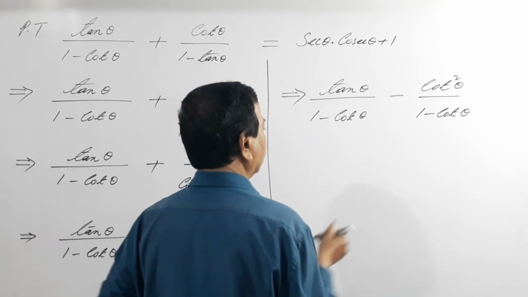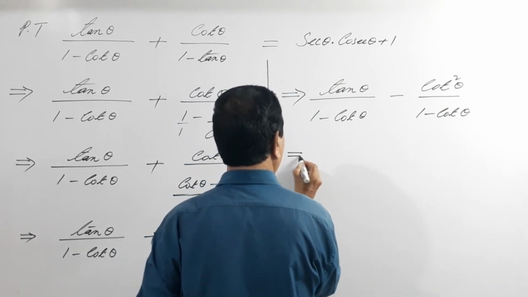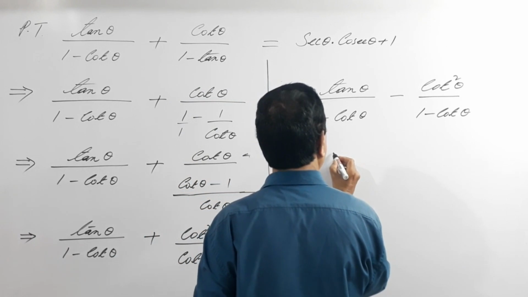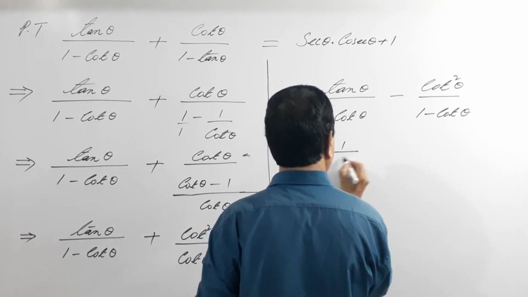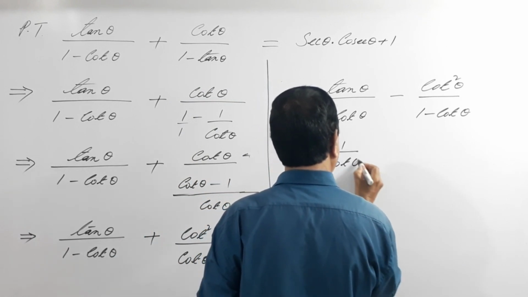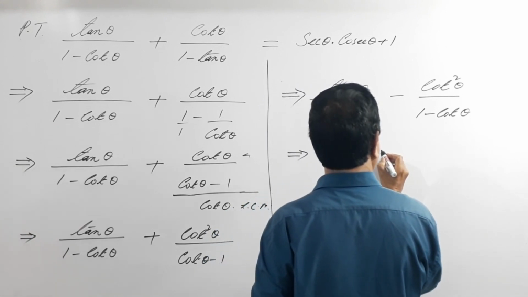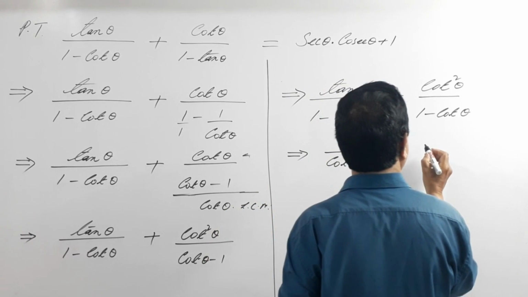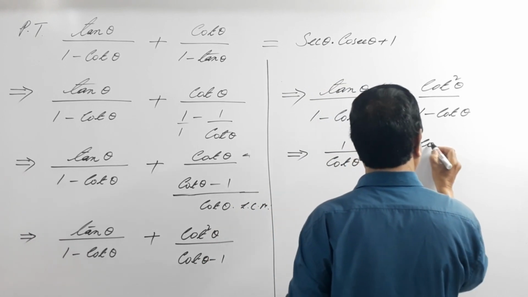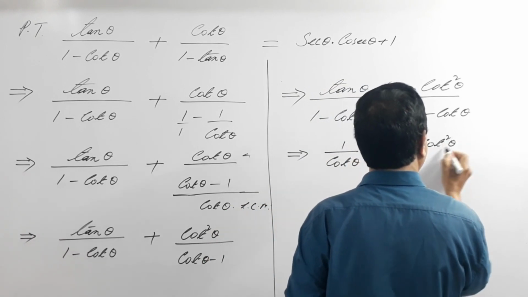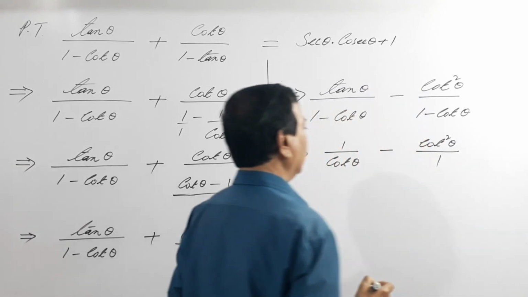So that becomes 1 by cot theta minus cot square theta by 1.